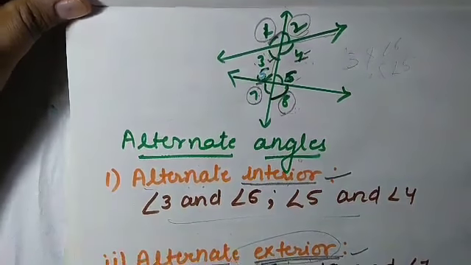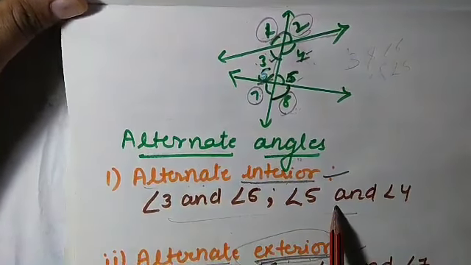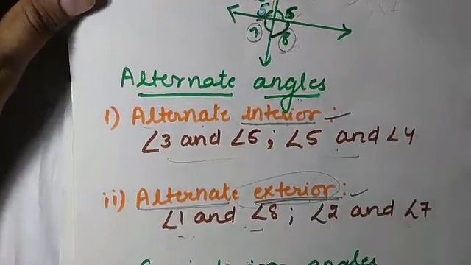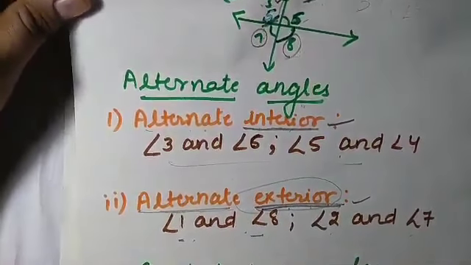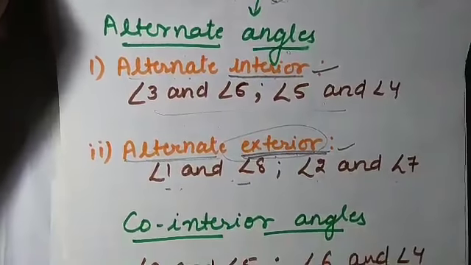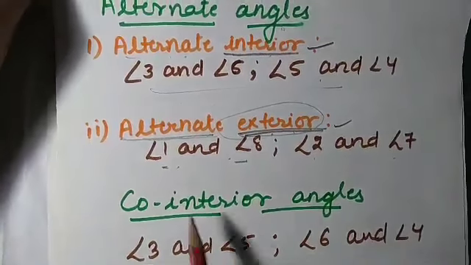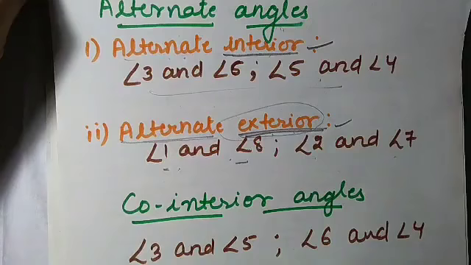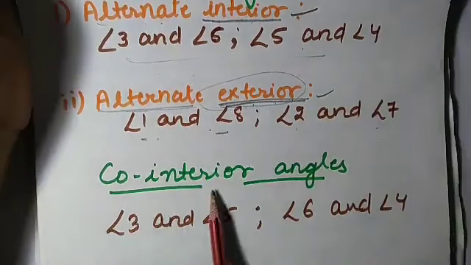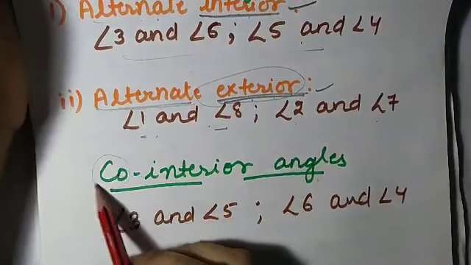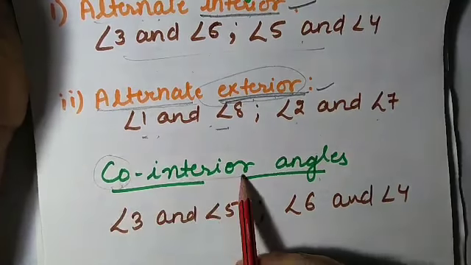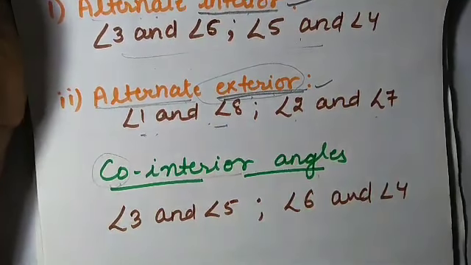Okay, so we have two pairs of alternate interior angles and two pairs of alternate exterior angles. Now the next type of angle is co-interior angles. Co means together, interior means inside the lines.